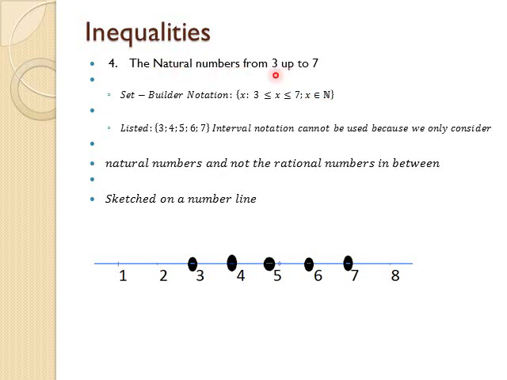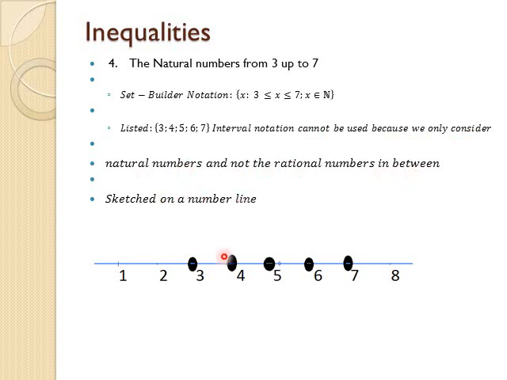I can't use interval notation for it because it's natural numbers, so there are values not included. So this is listed: 3, 4, 5, 6, 7. Interval notation cannot be used because we're only considering natural numbers and not the rational numbers in between.